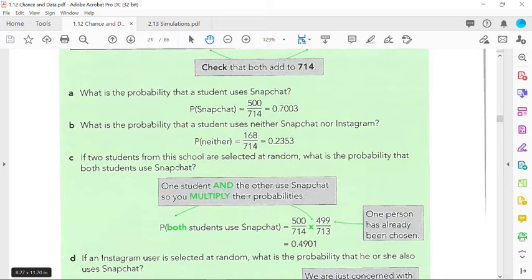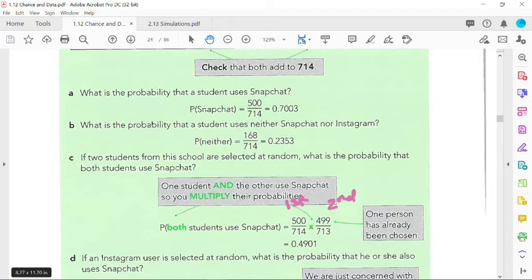So you'll see. So it uses Snapchat. There were 500 students out of the 714 that used Snapchat. But then look at the next numbers for the second student. So this is for the first student. For the second student, we had to reduce those numbers because one person has already been chosen. We can't choose that person again.